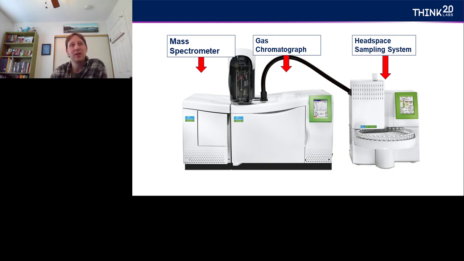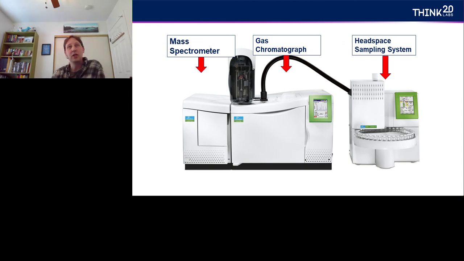So this second box in the middle is called a gas chromatograph. So this is where our separation takes place. So chromatography is the science of separation. You've probably heard of a liquid chromatograph. This is a gas chromatograph. So both of those technologies are used to separate out analytes.